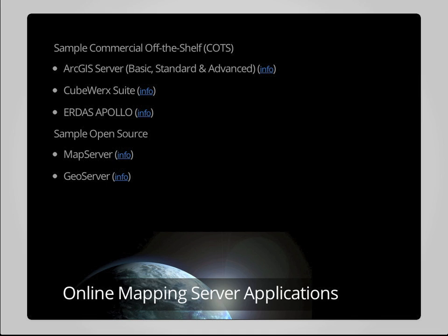There are a number of mapping server applications, as I've already mentioned. And here are some examples of some applications if you wanted to look for additional information about those platforms. And this is only a sample. One commonly used commercial off-the-shelf application includes the ArcGIS server platform itself, which in addition to supporting ArcGIS specific service interfaces, also may be enabled to support the OGC services that we are focusing on here.